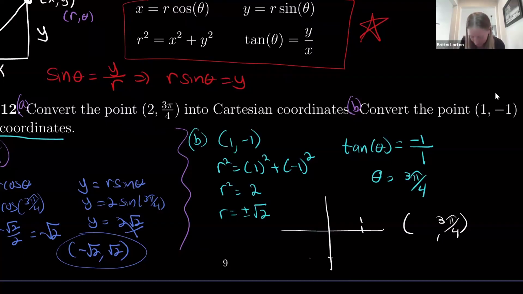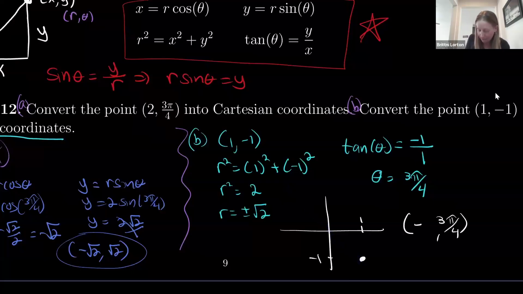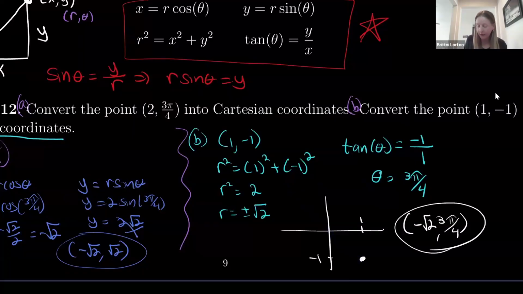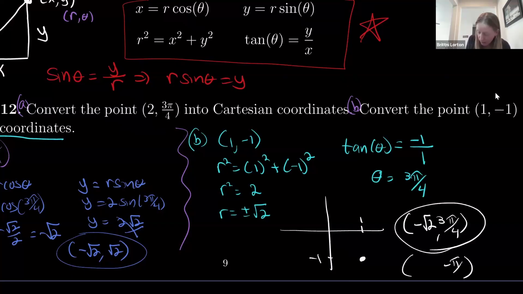Here's my 1 and -1. And 3 pi over 4 is in the second quadrant, which means I'm going to face 3 pi over 4 and walk backwards, so that would have to be the negative root 2. If I chose negative pi over 4, that is already in the fourth quadrant, so that would just be walking forwards with a positive root 2.